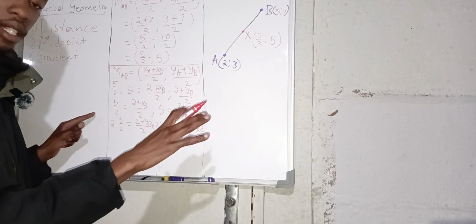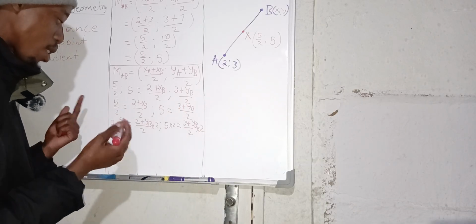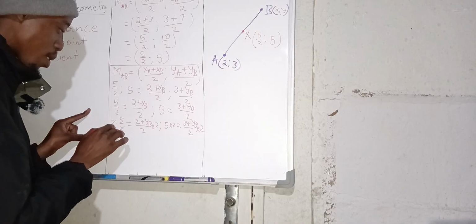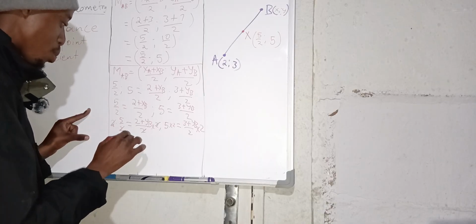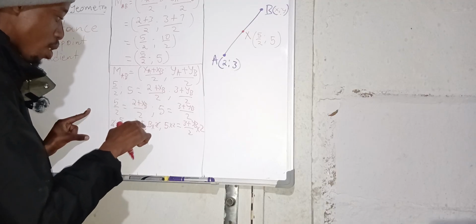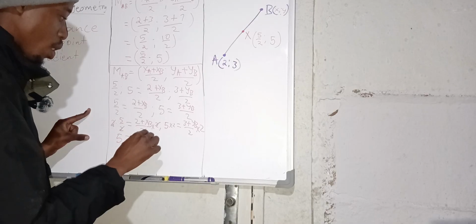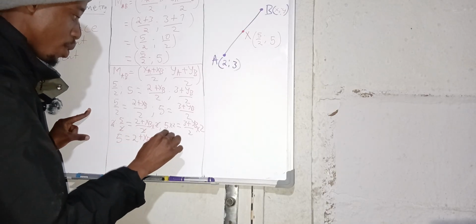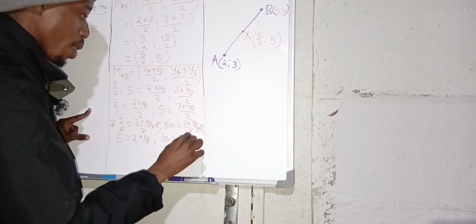I'm doing it simultaneously, but I hope it makes sense. The 2 is going to cancel the 2. I'll be left with 5, which is 2 plus XB. Here I'm going to have 10, which is equal to 3 plus YB.